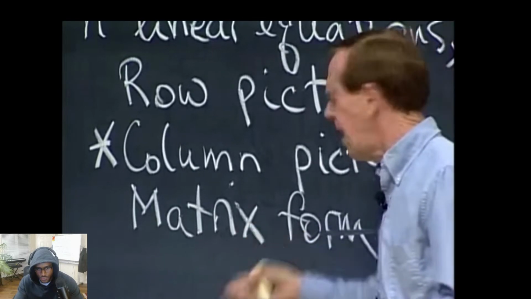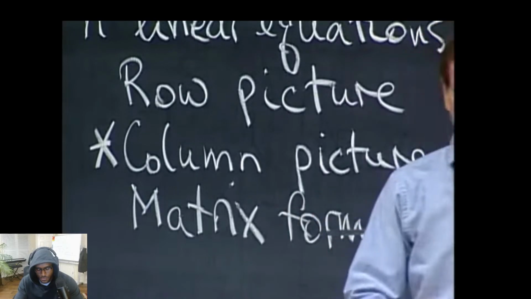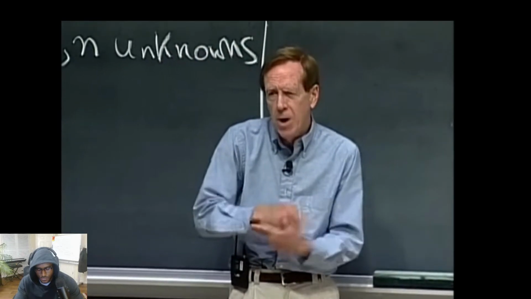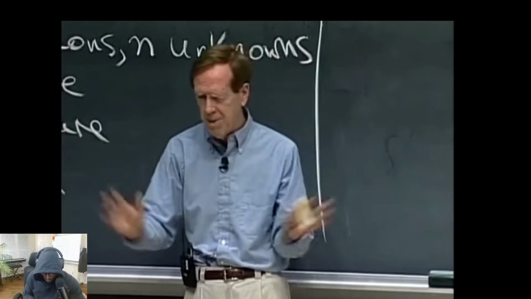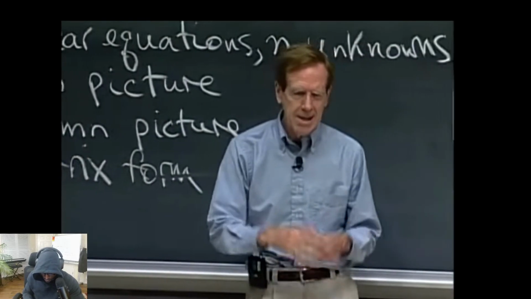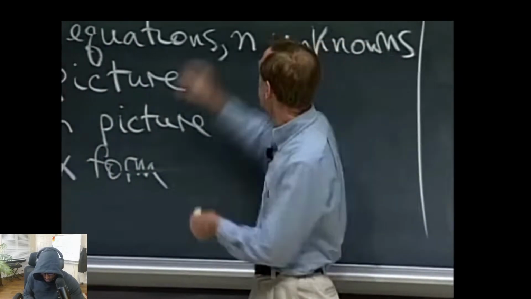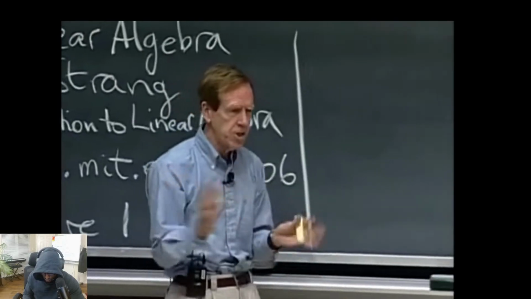So the algebra way to look at the problem is the matrix form in using a matrix that I'll call A. Okay, so can I do an example? The whole semester will be examples and then see what's going on with the example. So take an example. 2 equations, 2 unknowns.